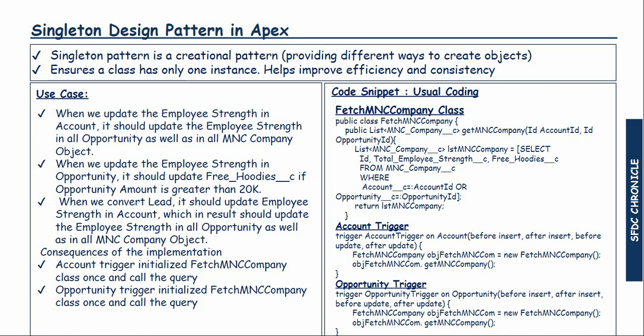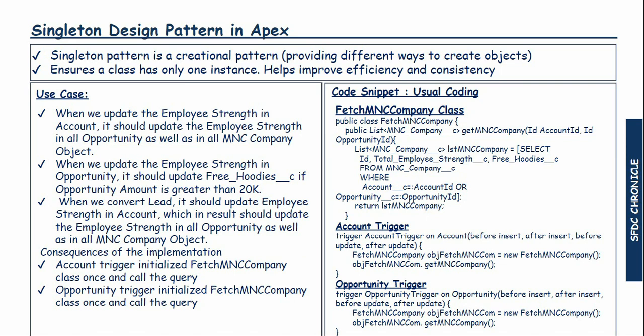Now, let's start with a use case where we can use the Singleton design pattern. Suppose we have a scenario where we have the account object, and in that account object we created a field called employee strength.